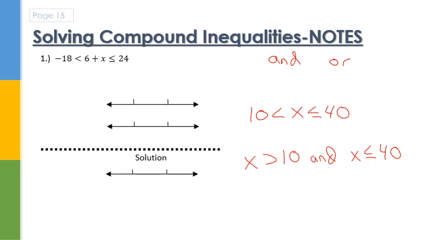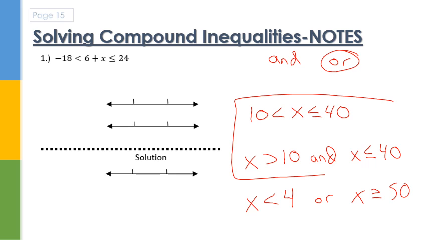Ors will always have the word or written in between them. So you could have x is less than 4 or x is greater than or equal to 50. Something like that. So ands can be written 2 different ways. Ors will always have the word or written in there.